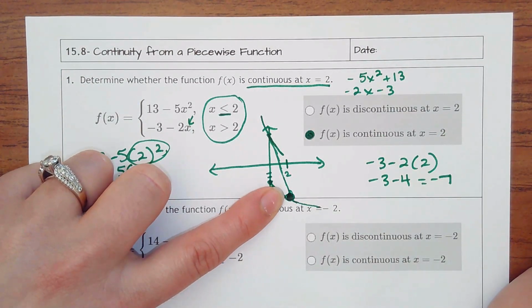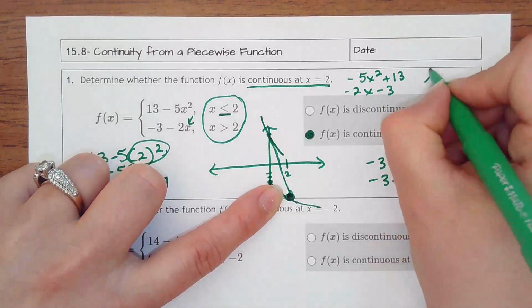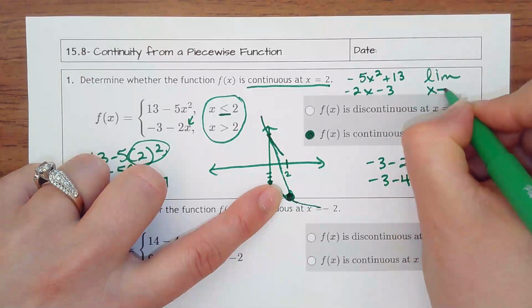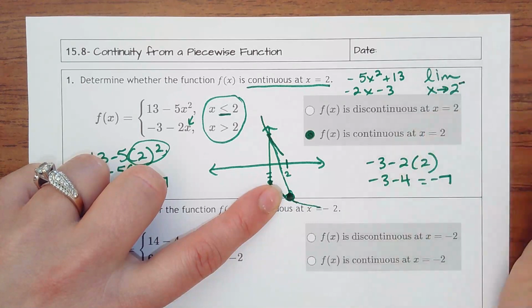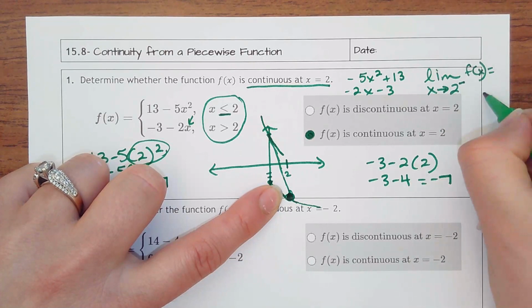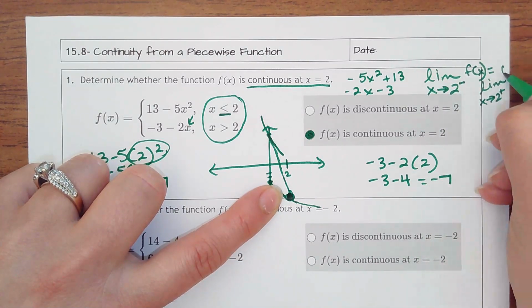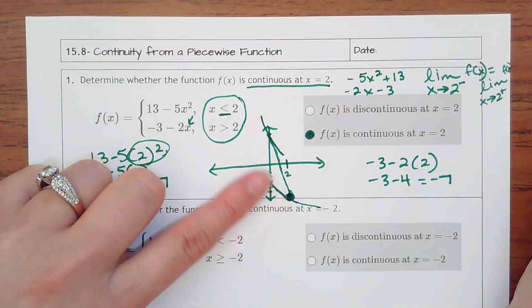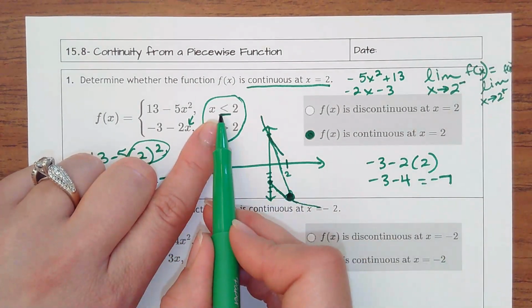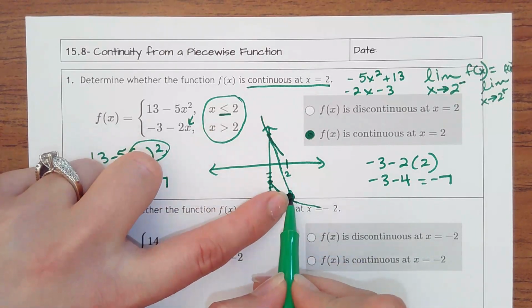Okay. The other thing, if you want to get fancy about it, is saying that the limit as x approaches 2 from the left of our function is equal to the limit as x approaches 2 from the right of f of x. I'm really running out of room. But what we did was we checked the left piece, because this is x is less than, so that was coming from the left, saying it's going down here negative 7.